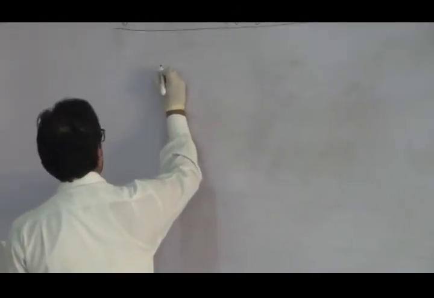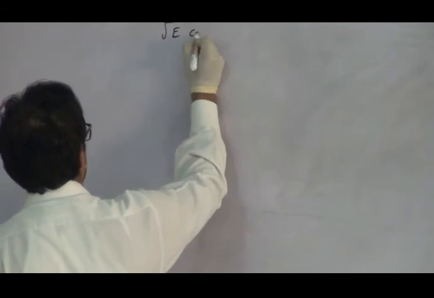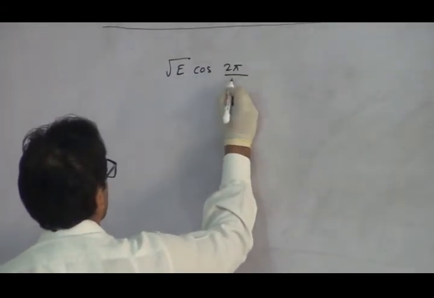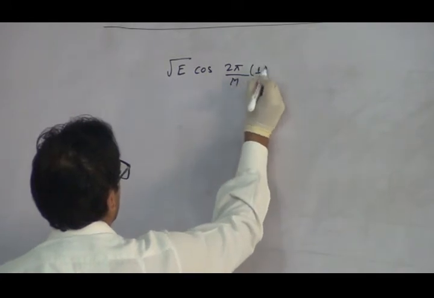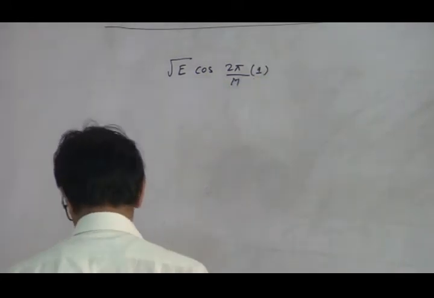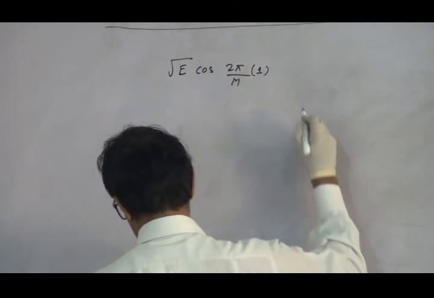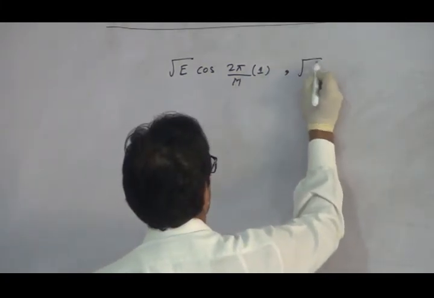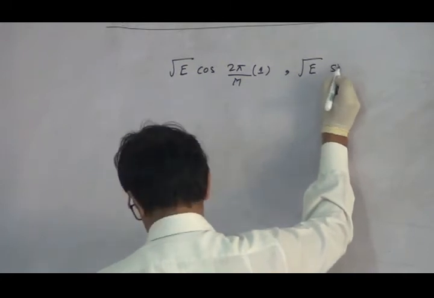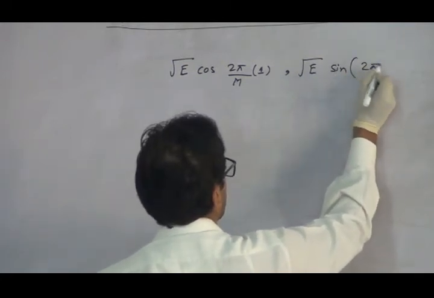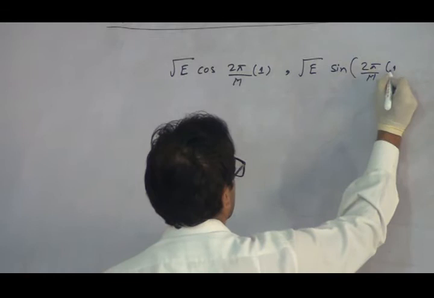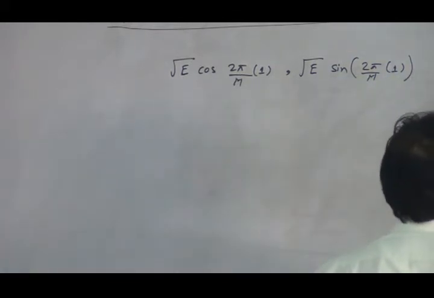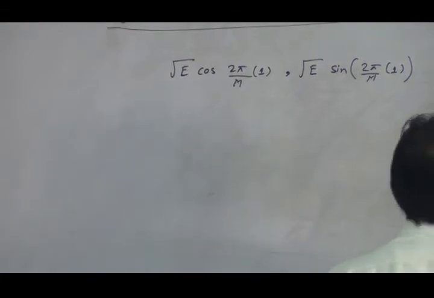If we see it, the first point is written as under root E cos of 2 pi by M 1, comma, under root E sine of 2 pi by M 1. Let me draw the constellation here so that you don't get confused.